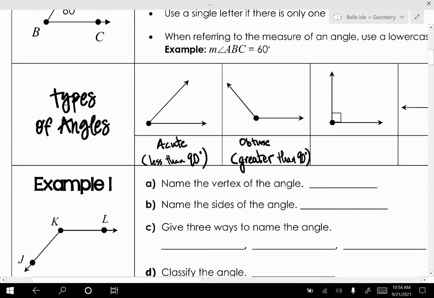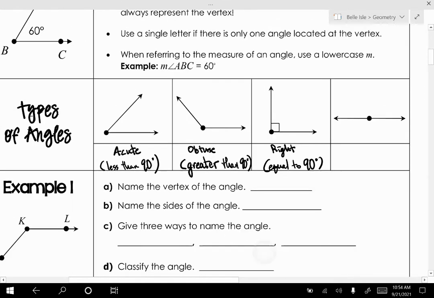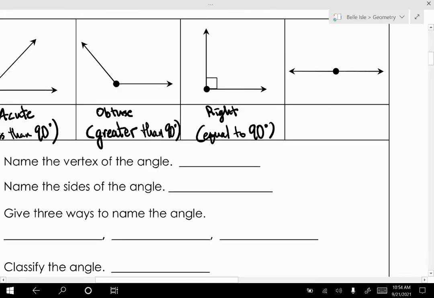Okay, what is the next one? Right. Equal to 90. Okay, and then the last one. We would refer to it as just a straight angle, which is equal to what? 0.